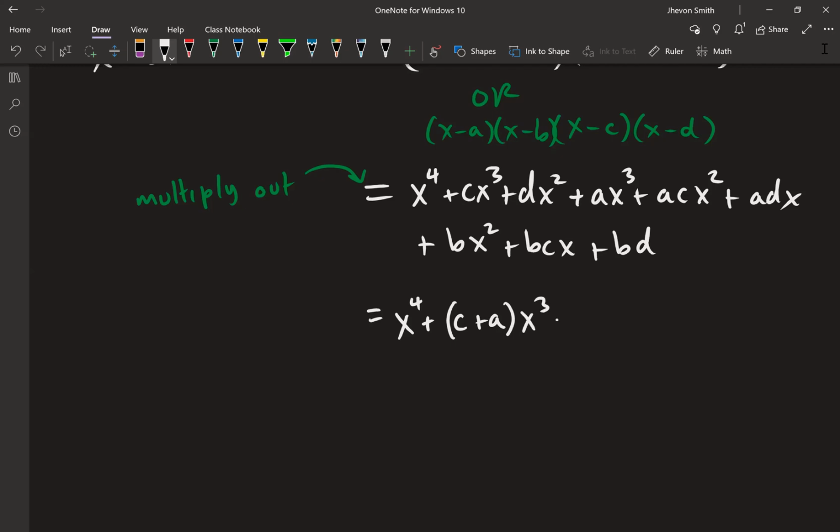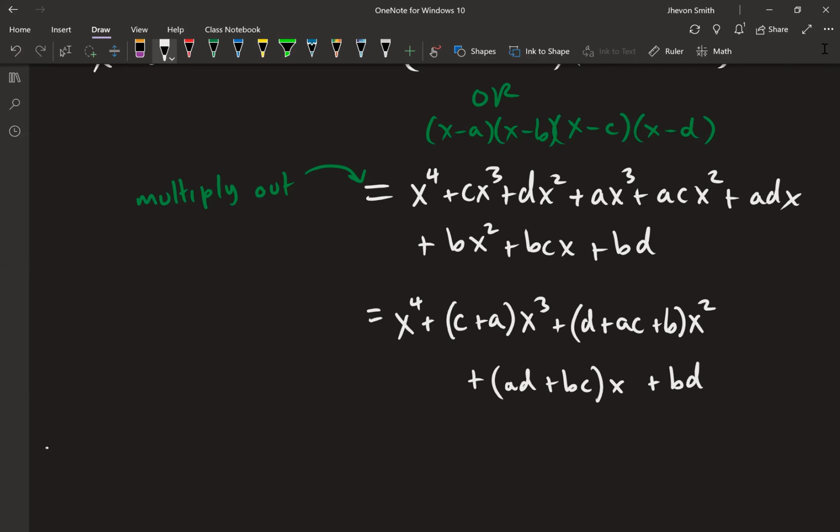Let me group the squares, (d plus ac plus b) x squared. Let me group the x's, plus (ad plus bc) x, and let me group the constants, bd.